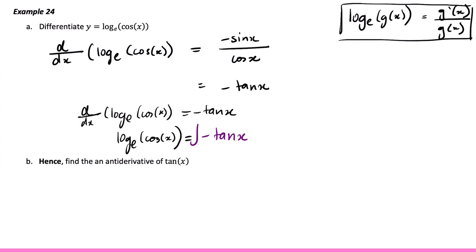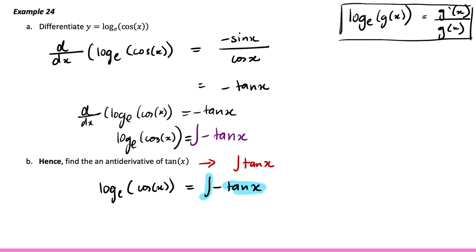Now, when they say hence find the antiderivative of tan x, what do I want? I want tan x. So I'm going to quickly write this out here, and I'm going to highlight the part that I want. So I want this part. What's in the way? Just this negative.